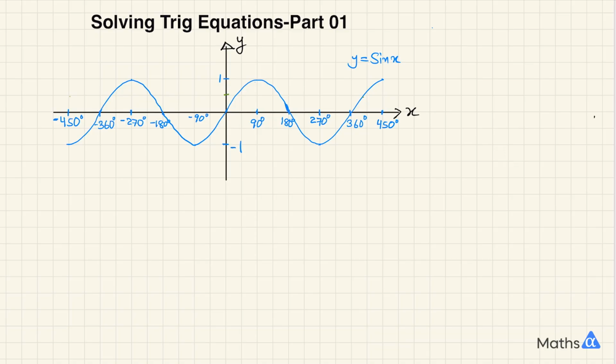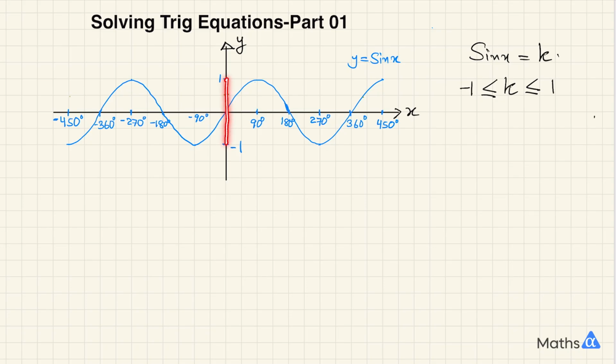The first form is sin x equal to k. Here this k should be between positive 1 and negative 1, so it should be greater than or equal to negative 1 and less than or equal to 1, because you can see in this graph, y equals sin x, that for any value of x, sin x varies between 1 and negative 1.